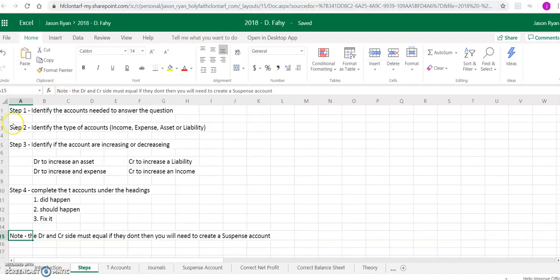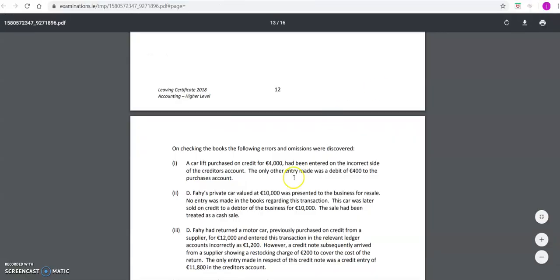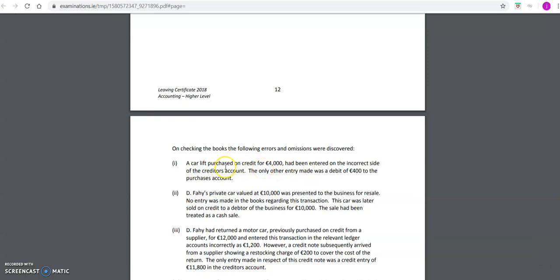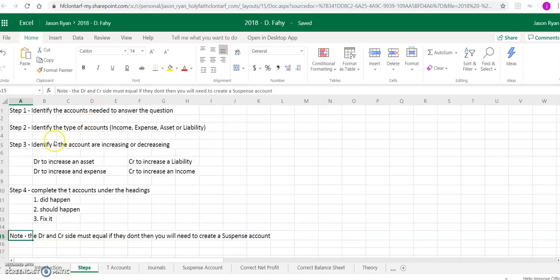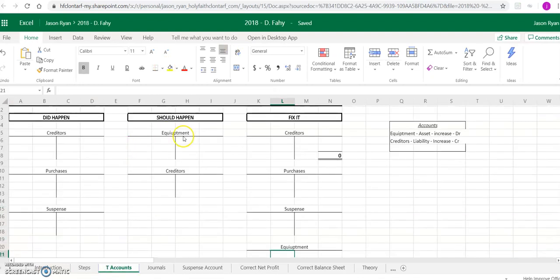So with our steps we have here, it's identify the accounts that you need to answer the question. So car lift purchase on credit for 4,000. What should have happened, you need is your equipment and your creditors account. That's what should have happened. The type of account is going to be, if we look at our T accounts here, your equipment and your creditors.